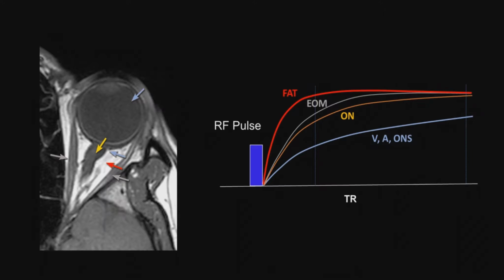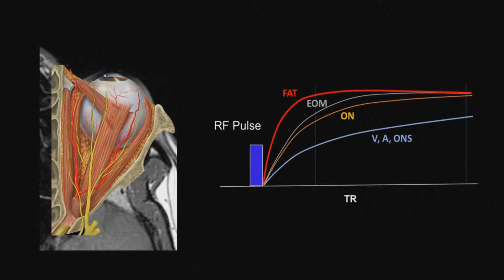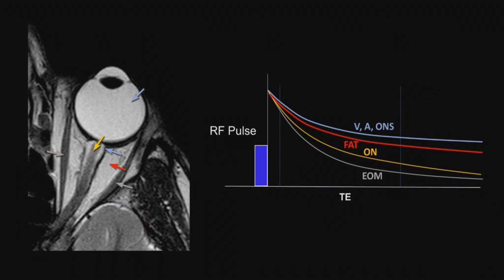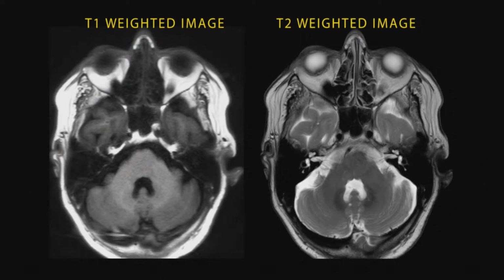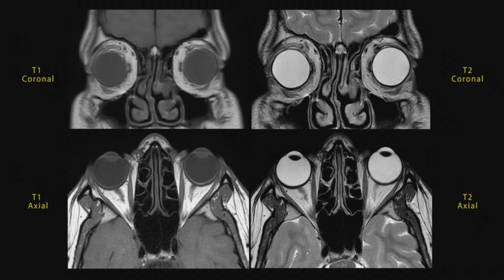The emitted signals depend on the concentration of nuclei in that region and the relaxation properties of nuclei characterized by T1 and T2 relaxation times. Before the detailed analysis of pathologies, it is essential to understand the basic anatomy of the orbital structures and their visualization on MRI scans. Orbital tissue characteristics on MRI of major structures in the orbit are as follows.